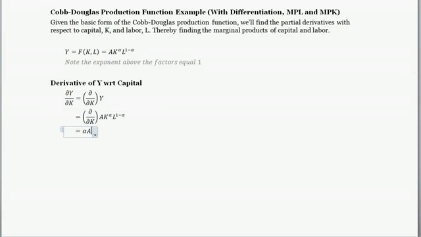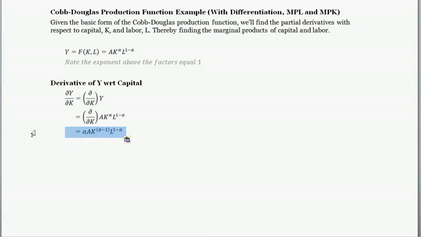You've got alpha times A times K raised to the exponent minus 1. Actually, it's what the exponent was minus 1, so alpha minus 1. And then L is just the same as it was before. And this is the form of the Cobb-Douglas derivative, so you'll have something that looks like this.